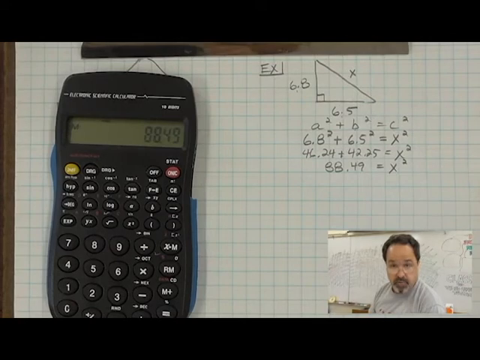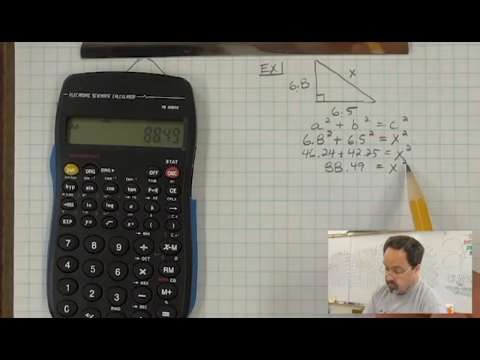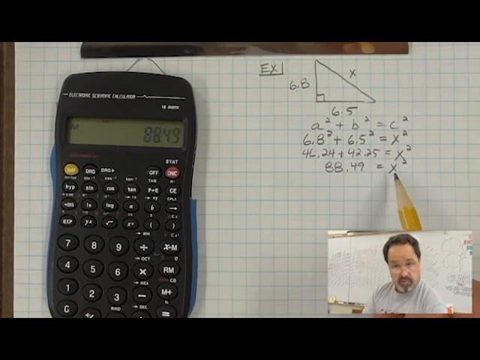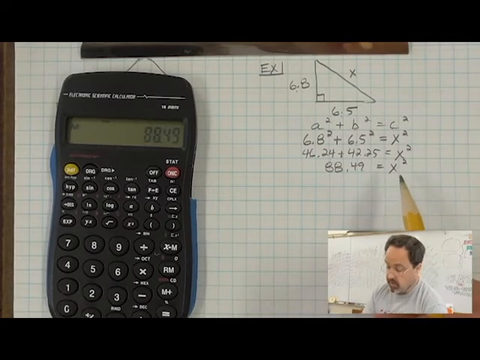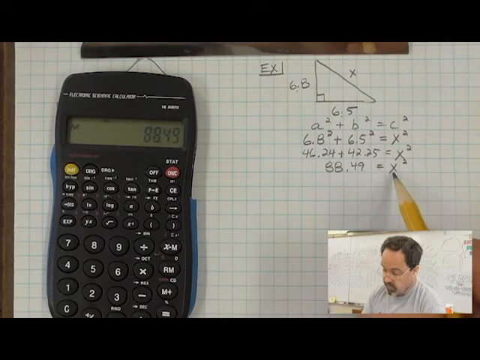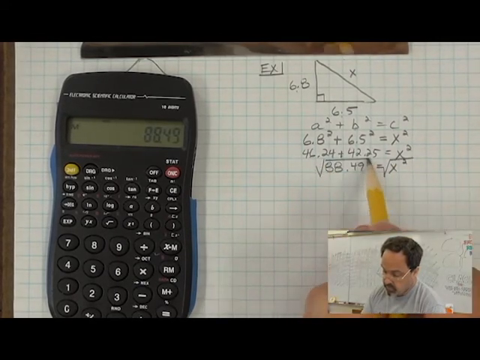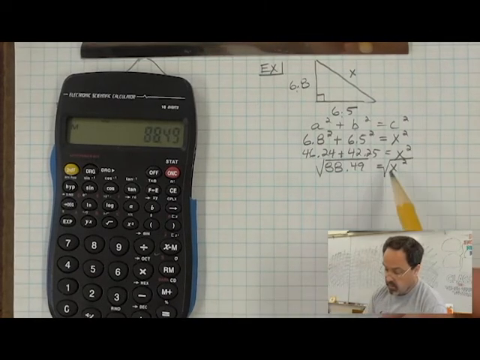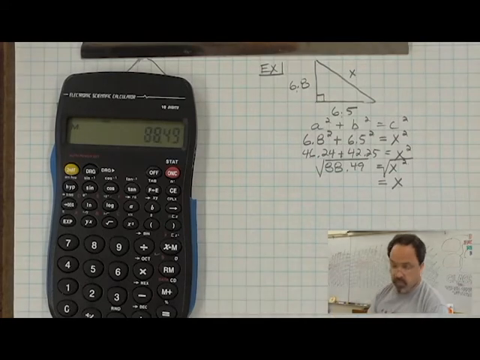How do I get x by itself? X is being squared. That means x times x. The inverse of a square is a square root. So to get x by itself, I have to do the inverse of what I see to both sides. A square root of a square will cancel each other out, leaving x by itself.